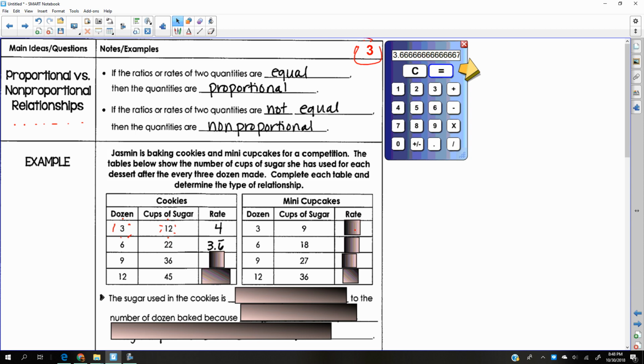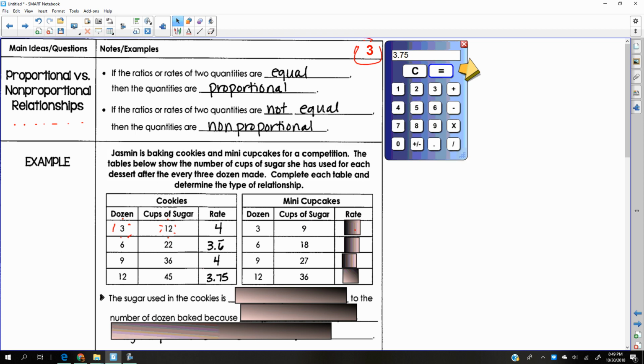The next one, if she made 9 dozen cookies, she needs 36 cups of sugar. Is that right? Well, 9 times 4 is 36. And then finally, if she's making 12 dozen cookies, she needs 45 cups of sugar. So let's do 45 divided by 12, and we get 3.75.